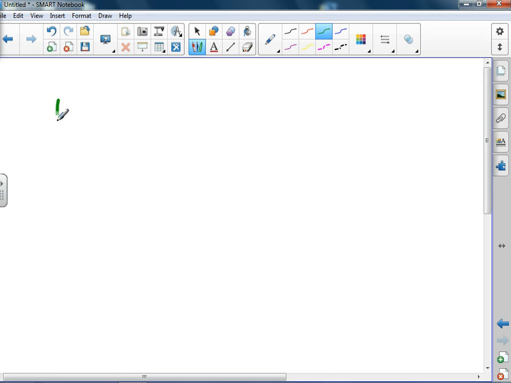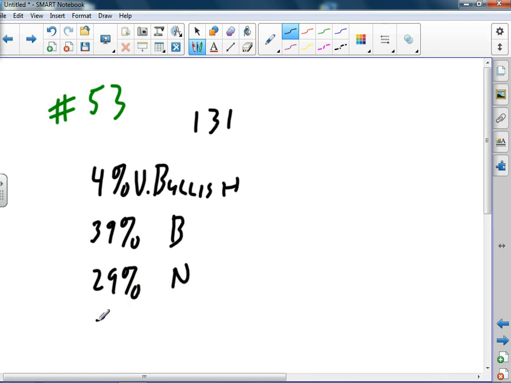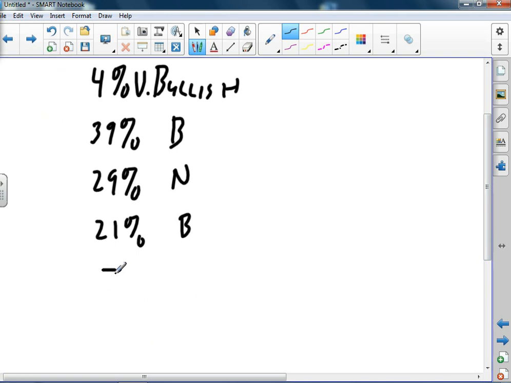Okay, so we've got 131 investors: 4% very bullish, 39% bullish, 29% neutral, 21% bearish, and 7% very bearish. And now we have bulls and bears all looking the same.